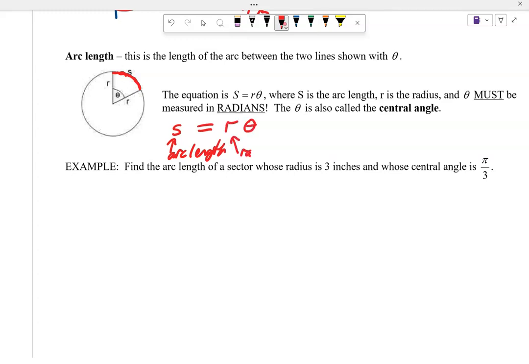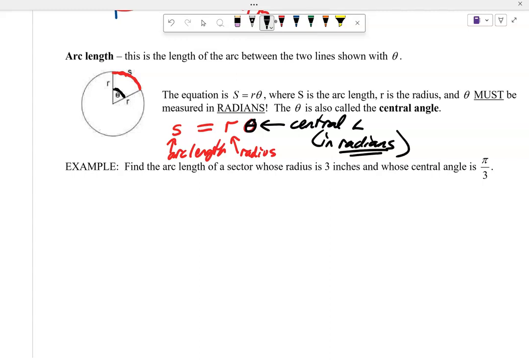Theta I'm going to call my central angle right there. But this central angle has to be in radians.